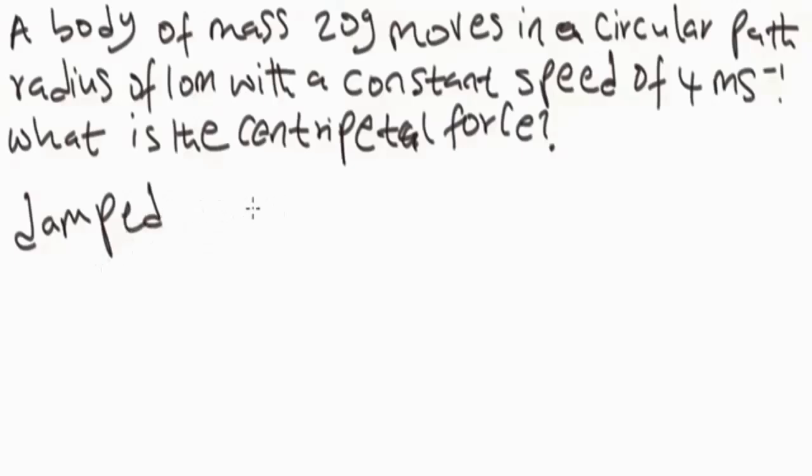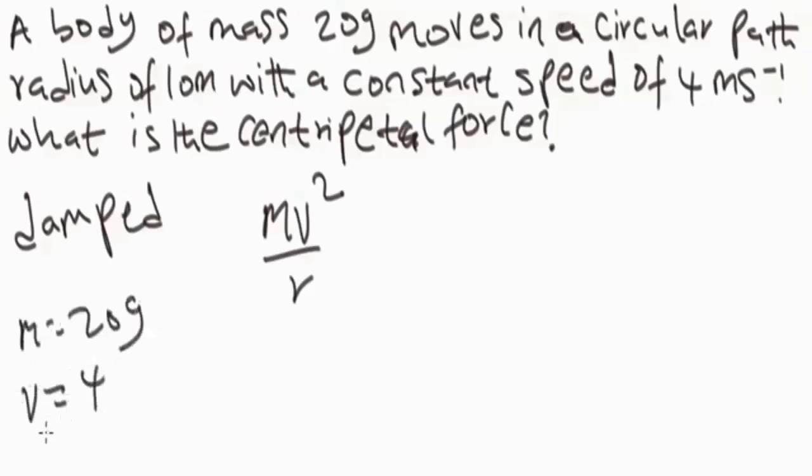So this is centripetal force. The formula will be mv squared over r. Our mass is 20 grams, our velocity is 4, our radius is 10 meters. Very important, you convert this gram to kilogram. To do that, you divide the 20 by 1000. So that's how to convert from gram to kilogram.